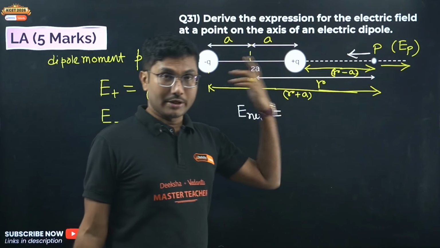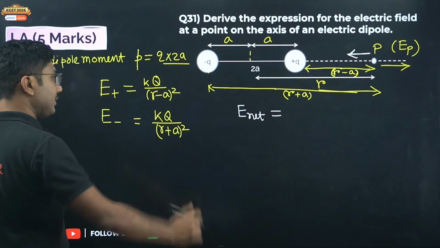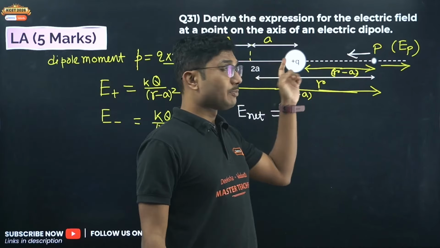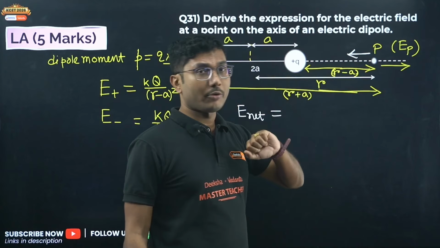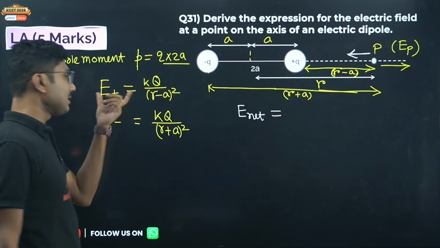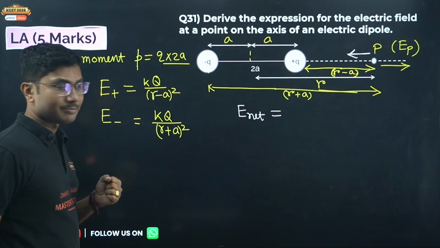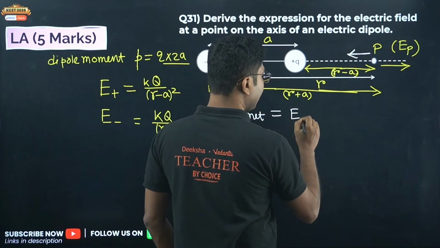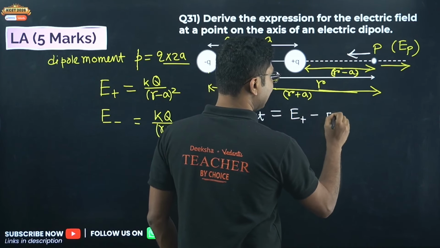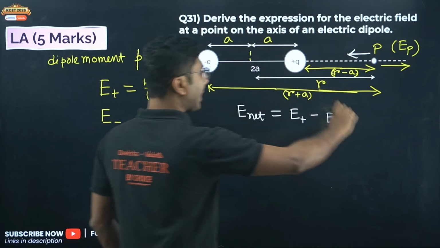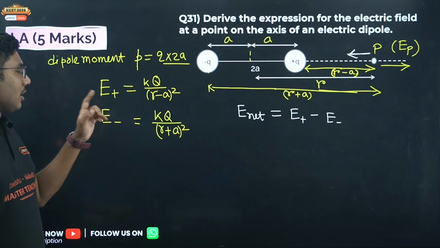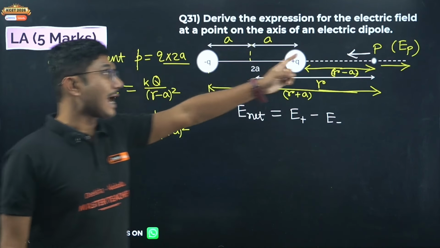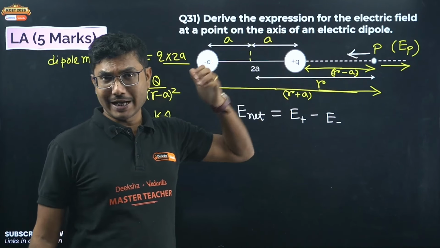If you are confused by the equation, then you have to realize that this positive charge is closer to the point. That means E plus must be bigger, E minus must be smaller. So in this case we will be doing E plus minus E minus. Now why are we subtracting? Not because the charge is negative, but because the direction of the electric field is opposite.